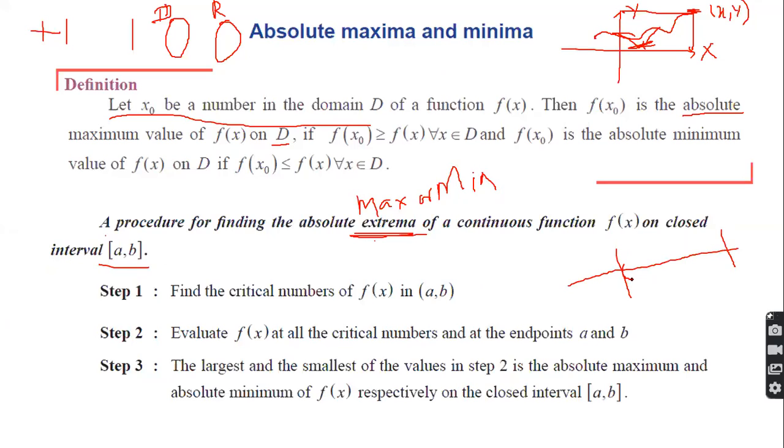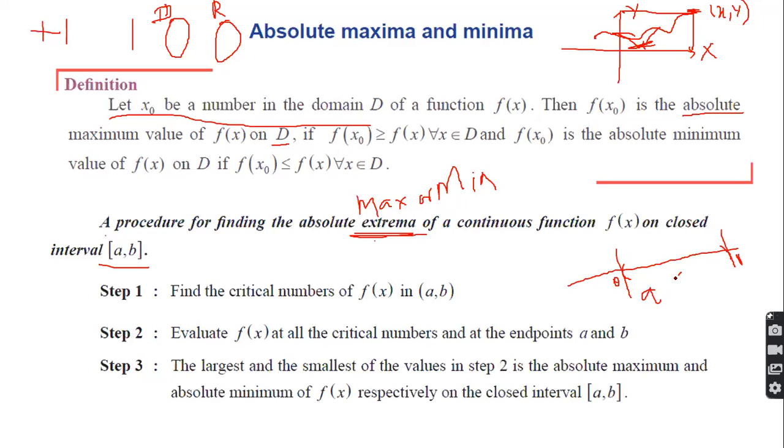Closed interval means, in case the interval 0, 1 is there, if it includes both the points on the edges, that is called the closed interval.